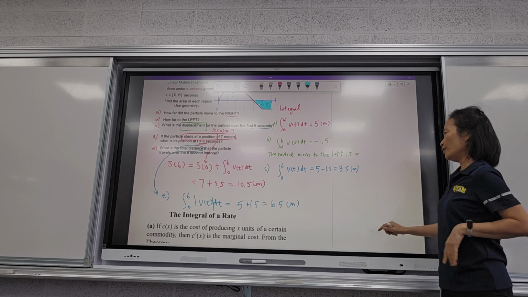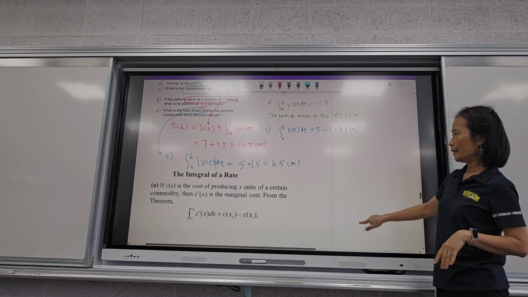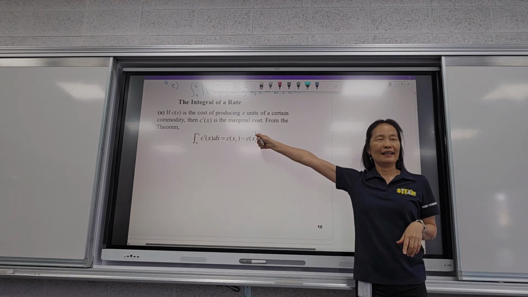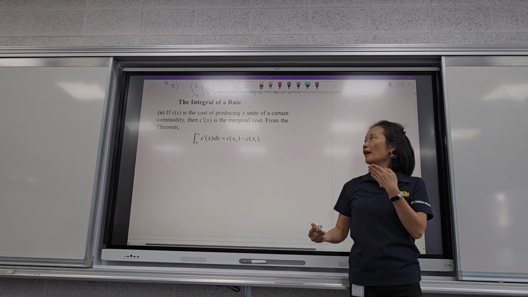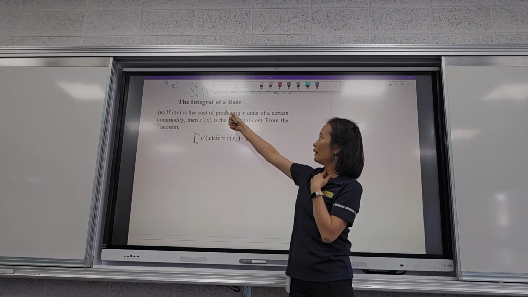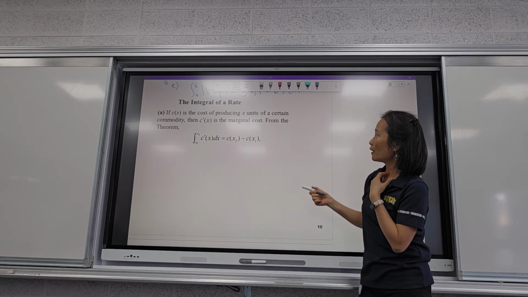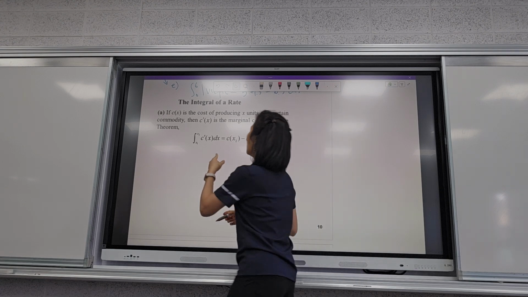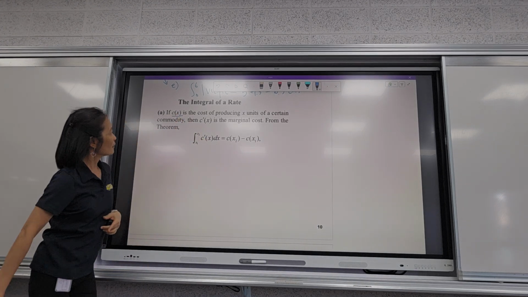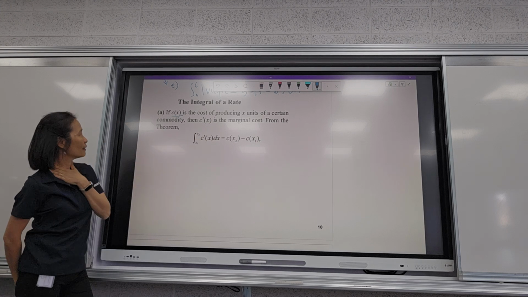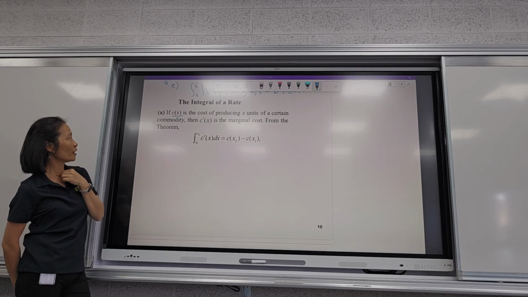Okay, the particle movement question is the same as the integral of the rate. For example, if I give you the cost, C of x is the cost of producing x units of a certain commodity.